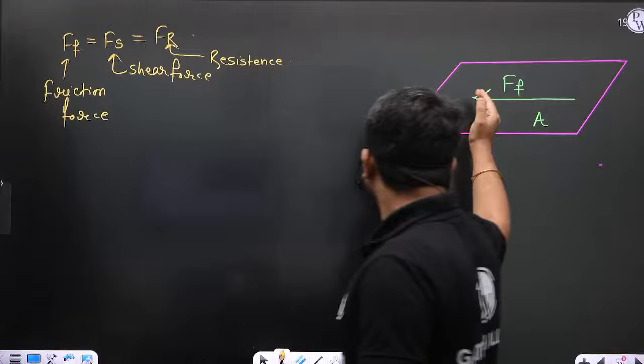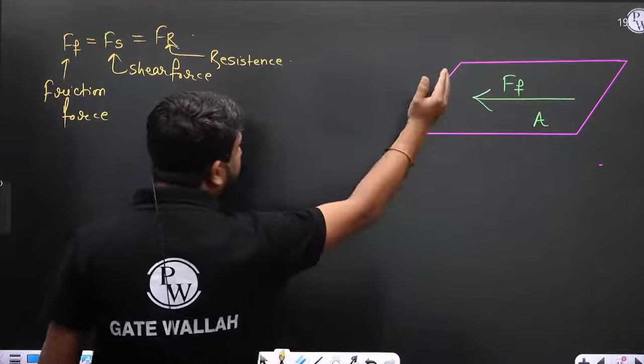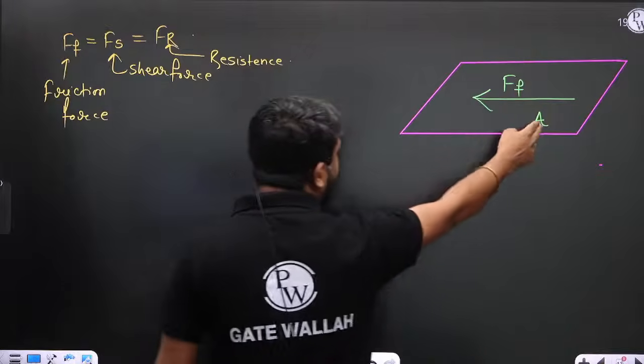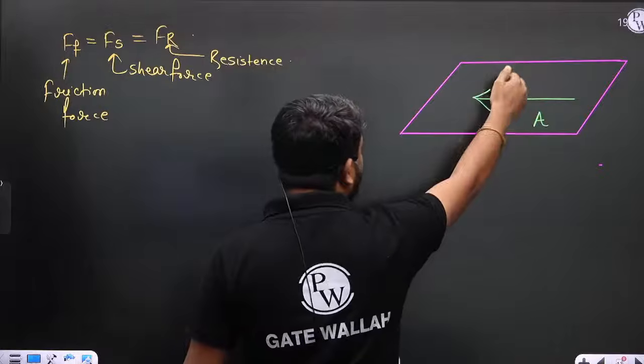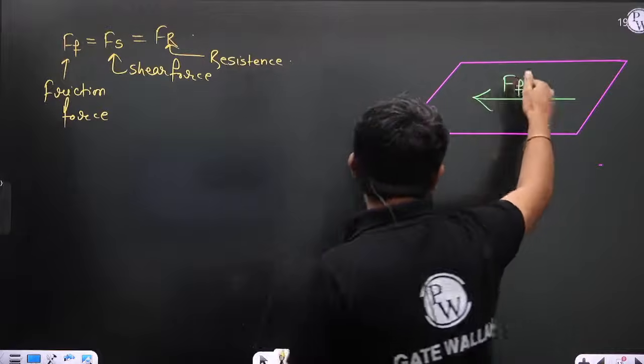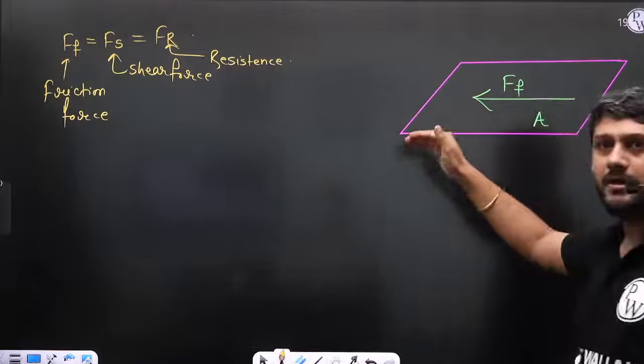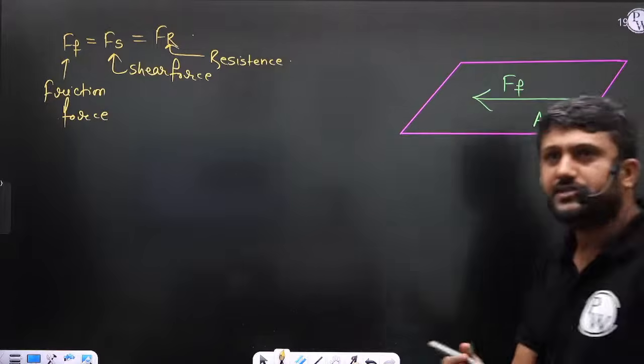So beta, if this friction force is parallel to area A, then definitely this friction force is a shear force, or has the nature of shear. So definitely shear stress comes into the picture.